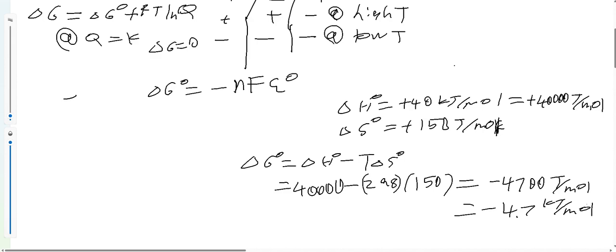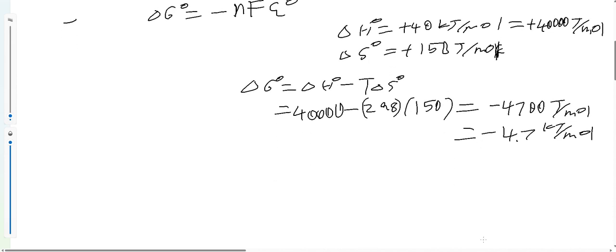However, when is it not favorable? There has to be some temperature, since both are positive, at which delta G becomes positive instead of negative. Well, we can calculate that by setting delta G equal to 0. Setting delta G equal to 0 means that we can set delta H naught equal to T delta S naught.